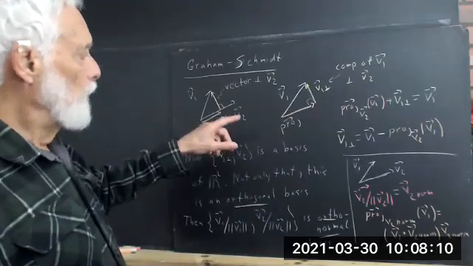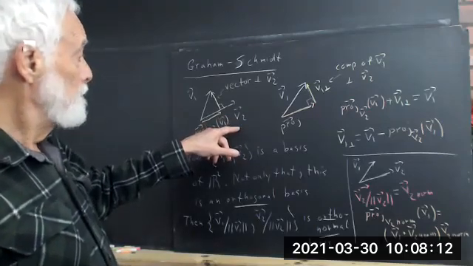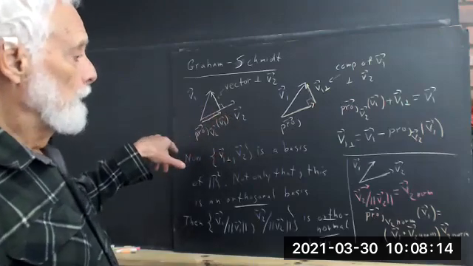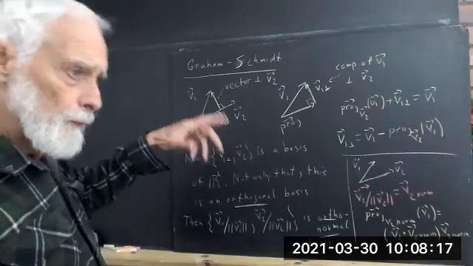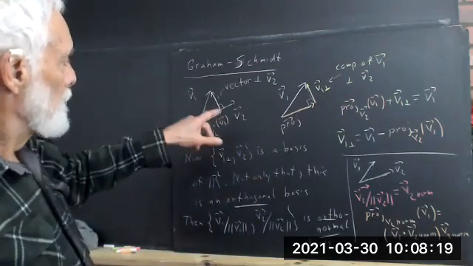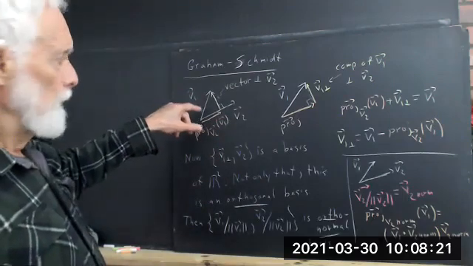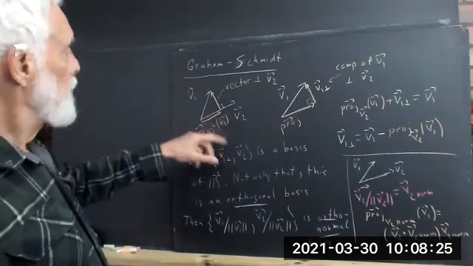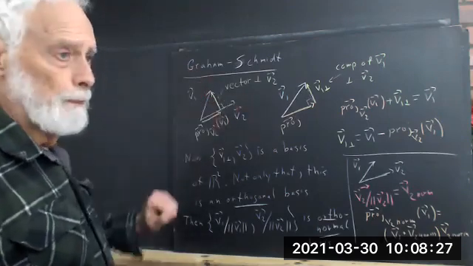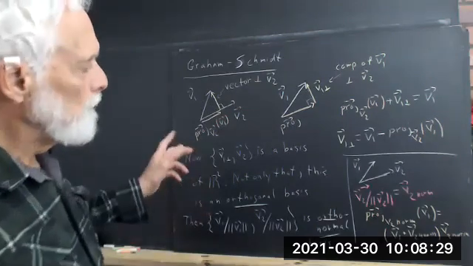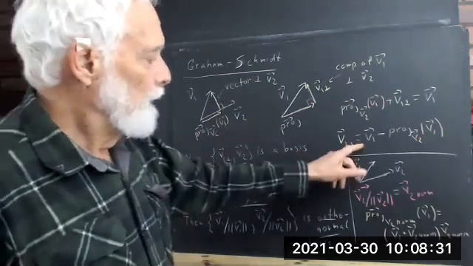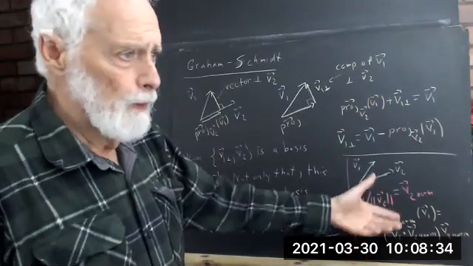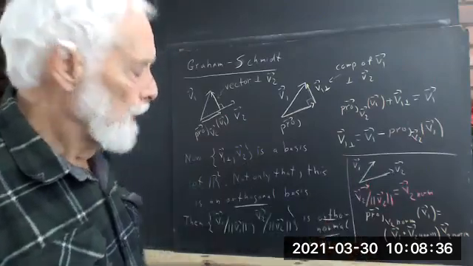Normalize the second one, and then subtract the projection from the original vector to get the vector that's normal to V2. And if you first normalize that, calculation's simpler. You're going to have to normalize it anyway, you might as well.